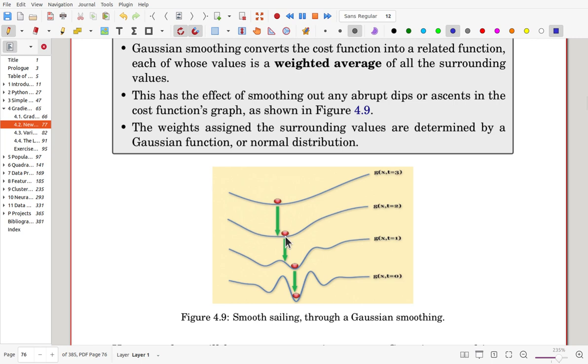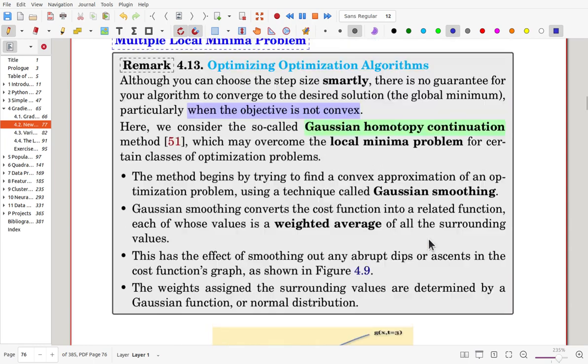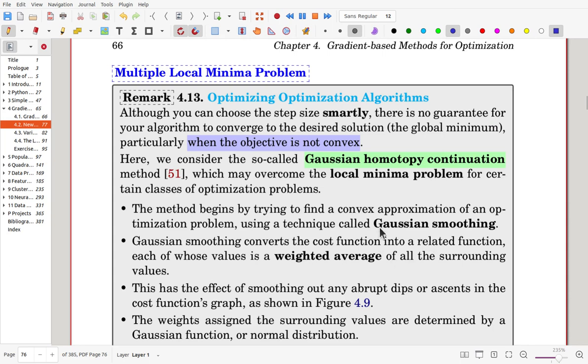And again, one more time, a less smoothed objective function will be used to begin with here and locate this minimum. And eventually, by using the original objective function, you can find the global minimum. So that is the idea of Gaussian smoothing or Gaussian homotopy continuation.